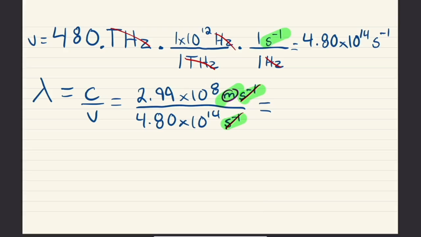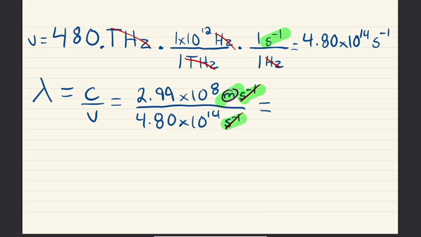And we notice that this should be a much smaller number from an order of magnitude because we're dividing what is a very large number, the speed of light, by an even larger number, which is the frequency. You should be able to input this into your calculator and come up with that computation. If you have any further questions about that, feel free to email me or bring that information to class.